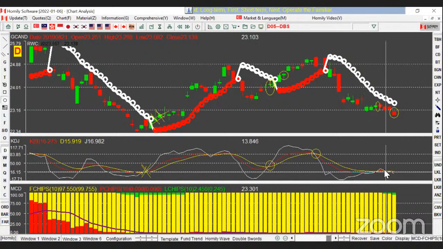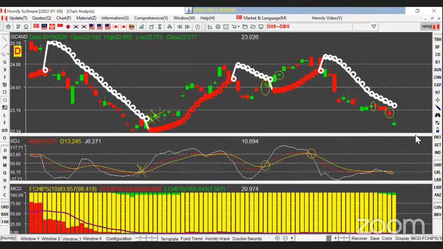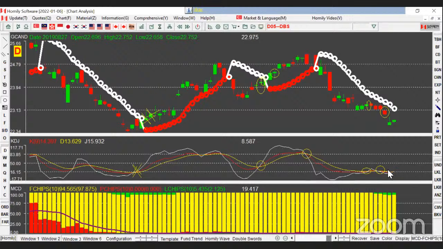But the disadvantage is sometimes it will give you more false signals than the red and white circle, right? But if you buy and sell based on the principle, you will not lose much. If there is an opportunity, you can buy earlier.